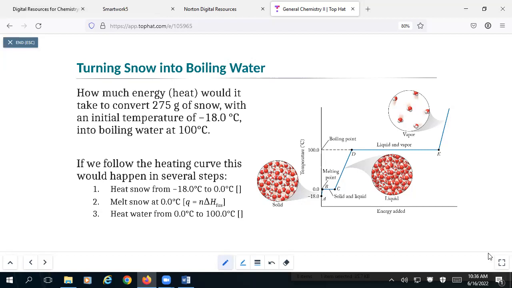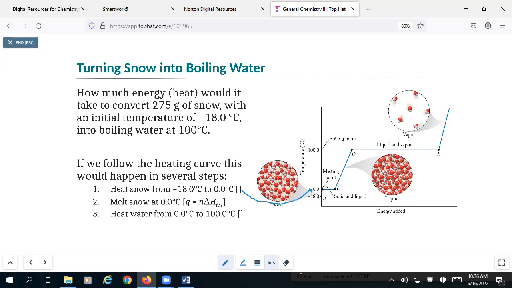The first stage would be that we have to convert the ice at the cold temperature to ice at the freezing point. The second part would be that we have to convert the ice to water.